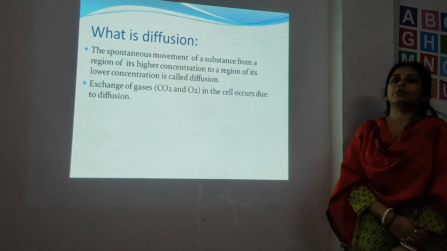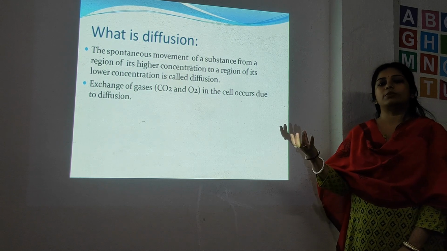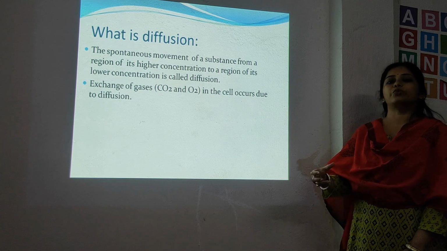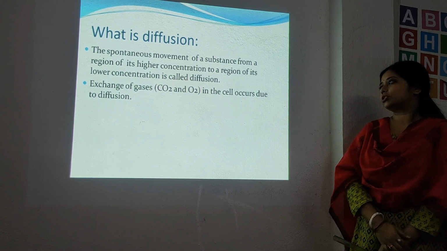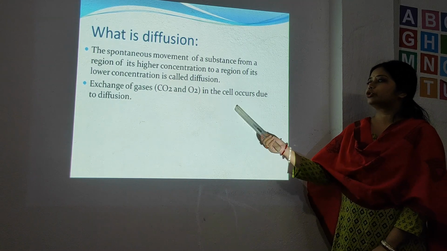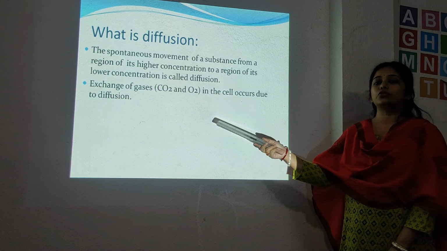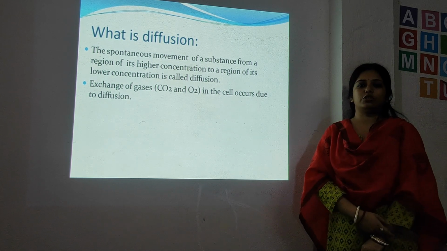In the corner of the room, the concentration of the smoke is more, so it moves from its higher concentration region to its lower concentration region. Another example is the exchange of gases like CO2 and oxygen in the cell, which occurs due to diffusion.